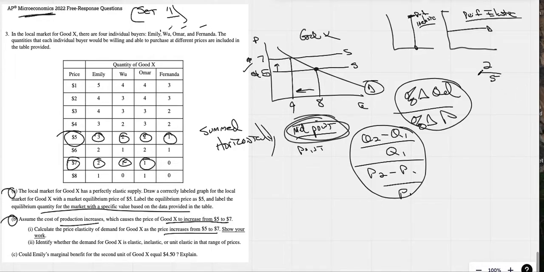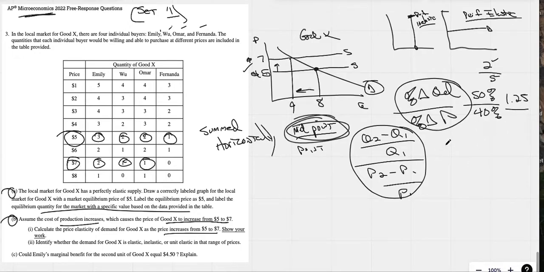We went from 5 to 7, that was 2, and we started at 5, that's 40%. Quantity demanded, we started at 8, we went to 4, that's a 50% change. So 50 over 40, easy enough, 1.25 is our number.